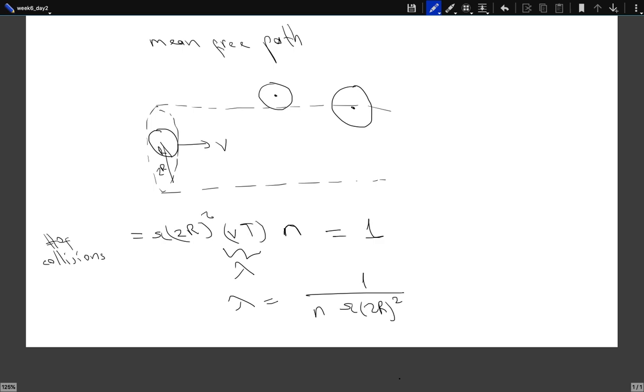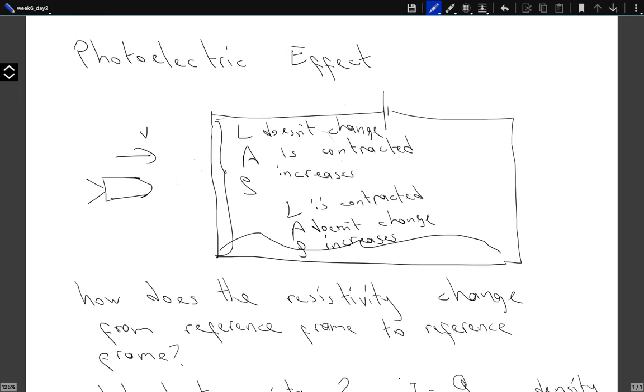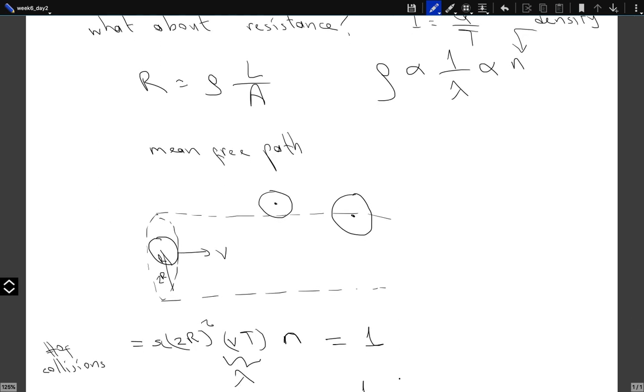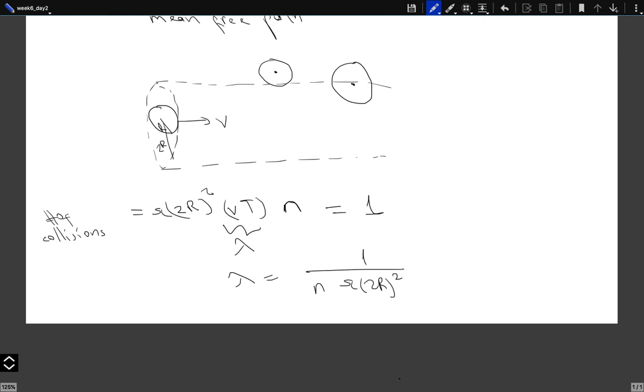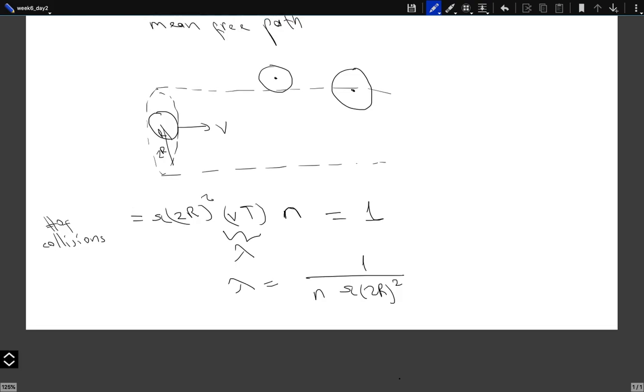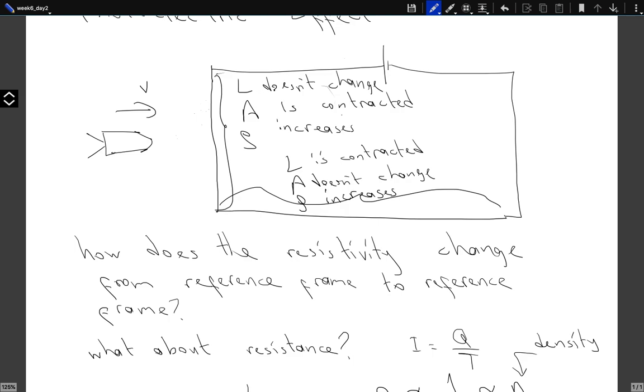But now this cross-sectional area is horizontal. You see, in this vertical column we have this cross-sectional area moving upward. That area will also contract. n will increase by the contraction factor, and the area will decrease by the contraction factor. So for lambda, this product will be invariant. So rho does not change.